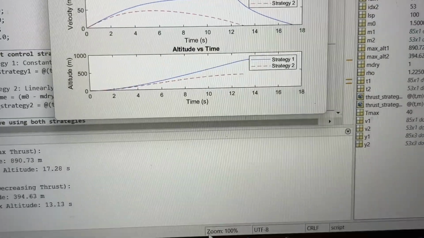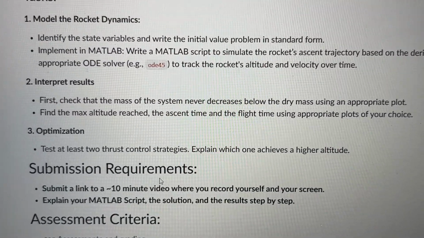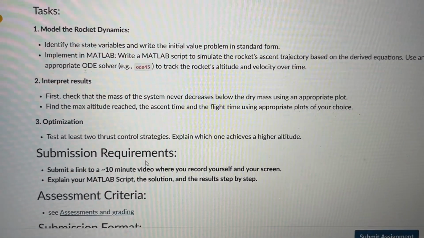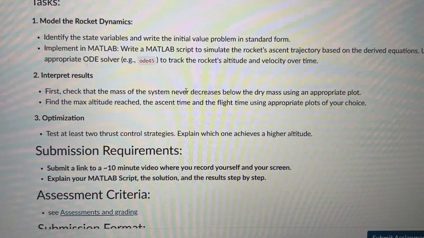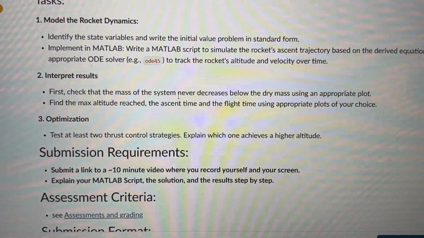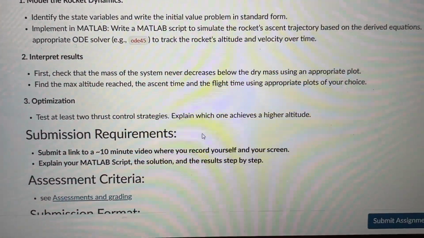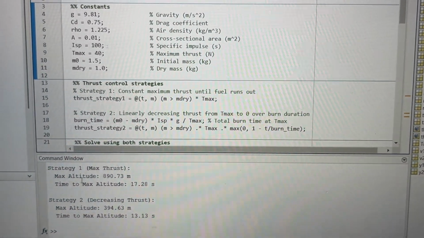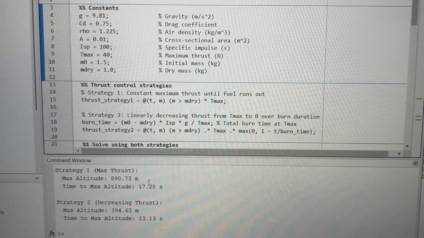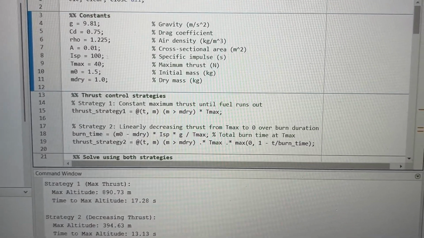So given these 2 things, if we go back to the problem statement, we do determine that the mass of the system never decreases below the dry mass. And then I also found the max altitude reached as shown here for both. The max altitude for strategy 1 is 890.73 meters, and the max altitude for strategy 2 is 394.63 meters.